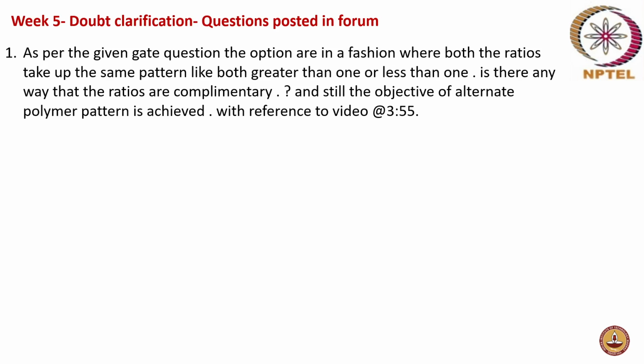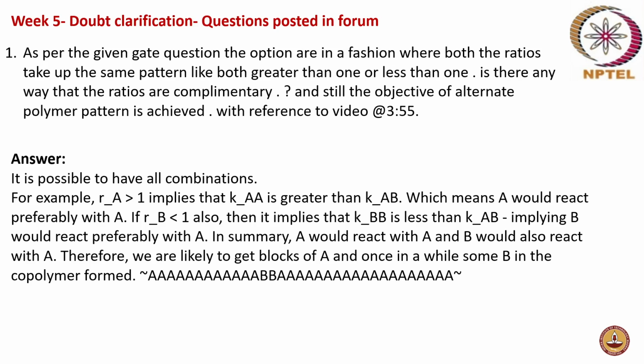The person had asked as per the given GATE question, which was for block copolymer: what should be the reactivity ratios, where both ratios take a very similar pattern, both greater than 1 or less than 1, or are there other complementary ways also, and still an alternate polymer pattern is achieved. So it is possible to have all kinds of combinations.